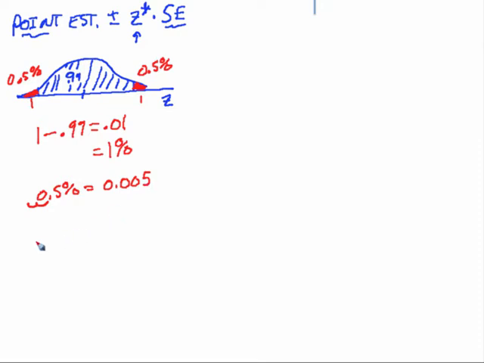Now that we've got that, we can take that number and put it into our calculator, because the calculator, if you give it an inv norm, the left area that you're looking for, in this case 0.005, and then the mean, which is 0, and the standard deviation, which is 1, because this is N(0, 1), the standard normal, then it's going to give us back this value right here.